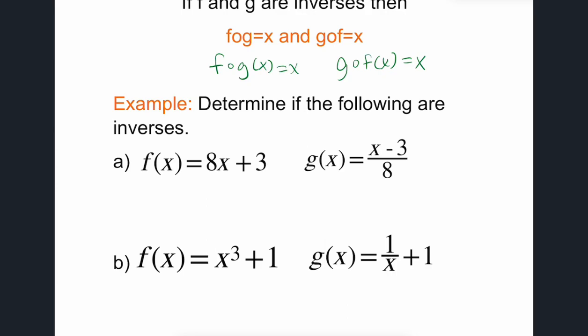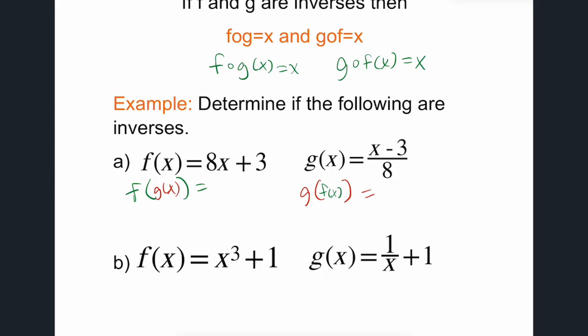So if they say determine if the following are inverses, all we have to do is compose them and get x every time. If you get x both ways, you found the inverse. So this one, we're going to do f of g of x. This one, we're going to do g of f of x. And our answer both times should be x, or we don't have correct inverses.